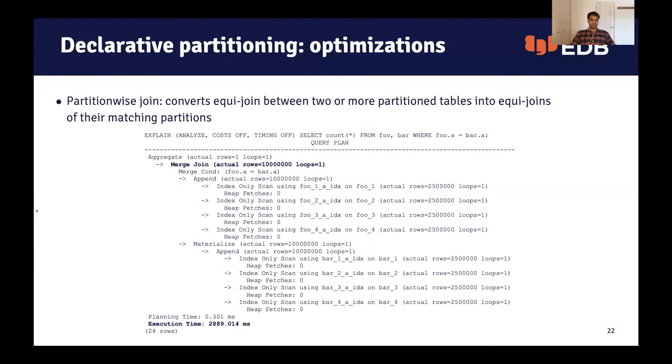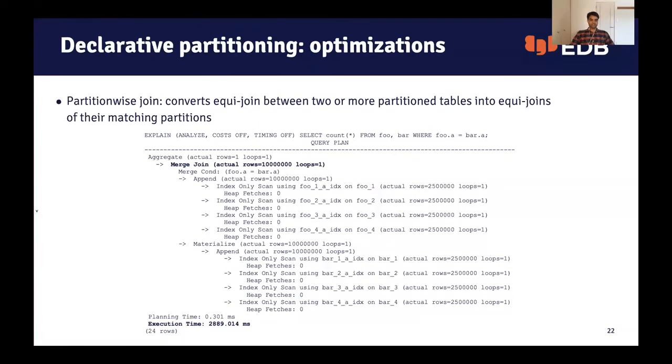Next, I will describe some optimizations for more complex situations like joins. Postgres 11 came with something called partition-wise joins, which converts an equijoin between two partition tables that are similarly partitioned into equijoins of their matching partitions. By equijoin, I mean equality condition. Consider this example.